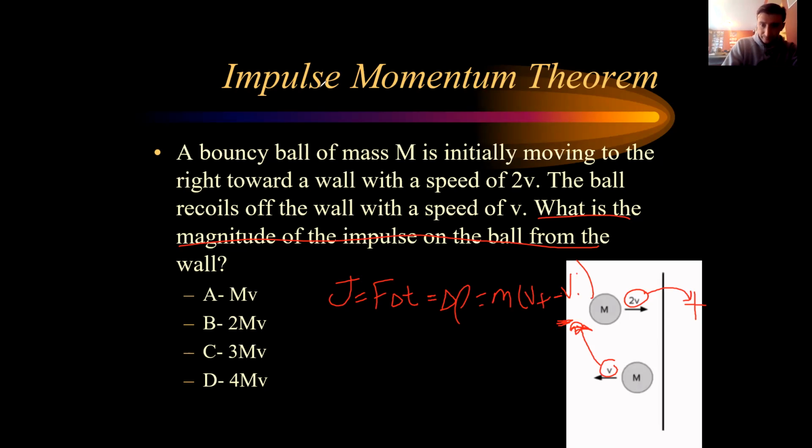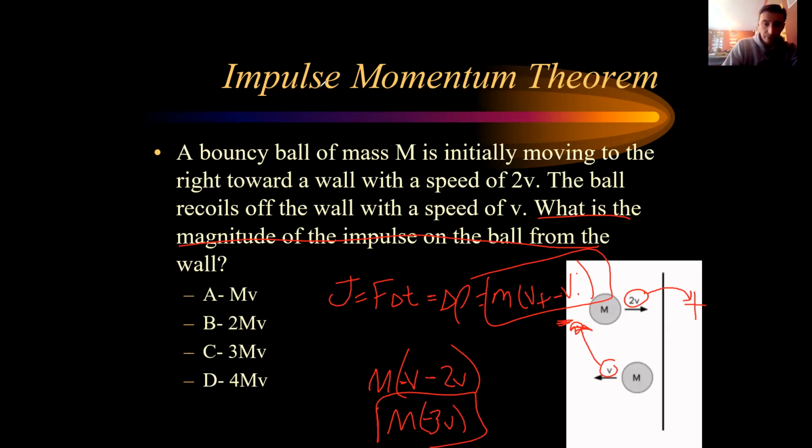So let's look at this right here. I have m, it's the same m. V final is negative v, I'm sorry, minus 2v for the initial. I almost didn't put the negative there. So if I look at this, I get negative 3, so I get negative 3 m v.